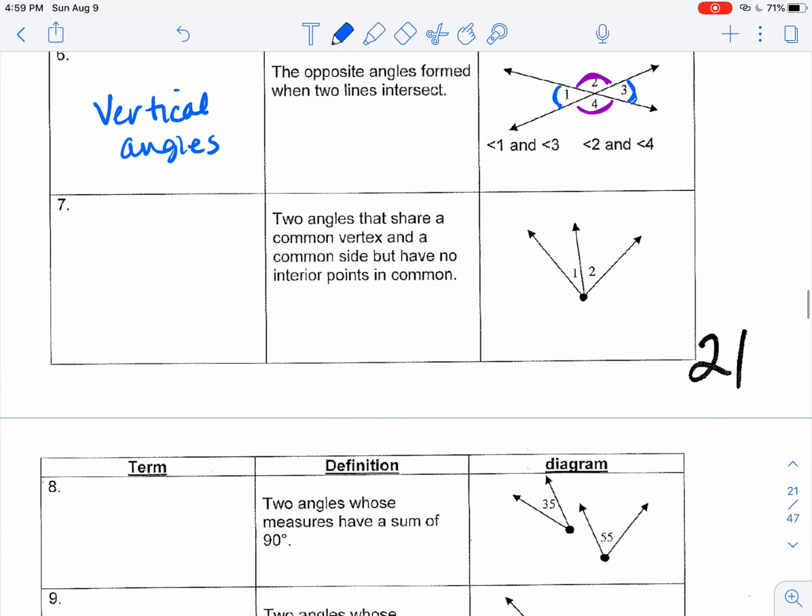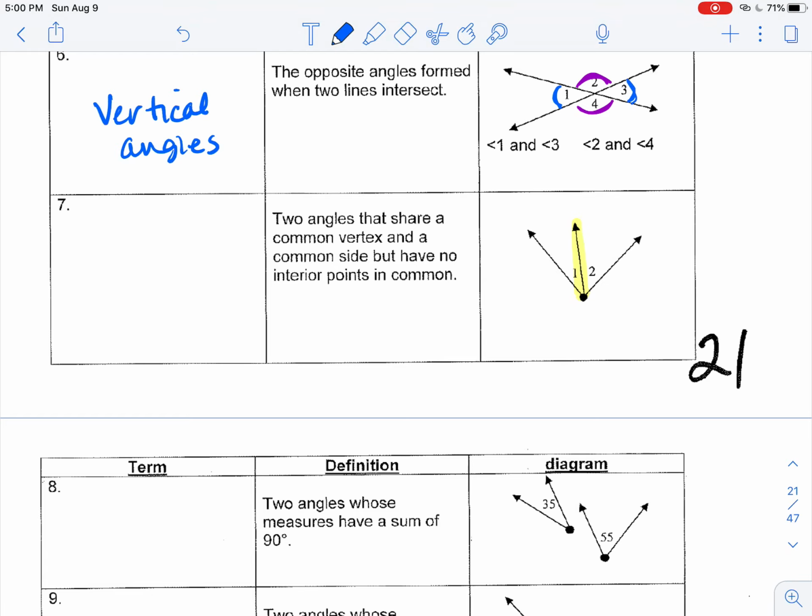Adjacent angles are two angles that share a common vertex. In this diagram, here's our vertex, and a common side. So we are sharing this side here, but have no interior points in common. That means none of the points over here are the same as the points in this region.